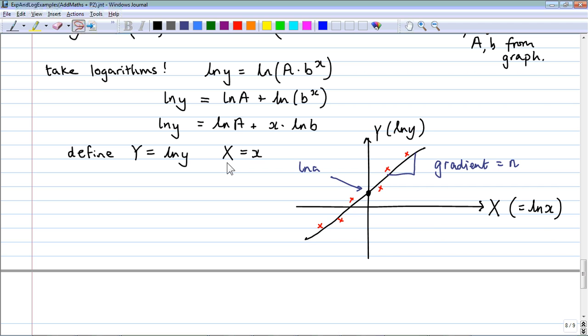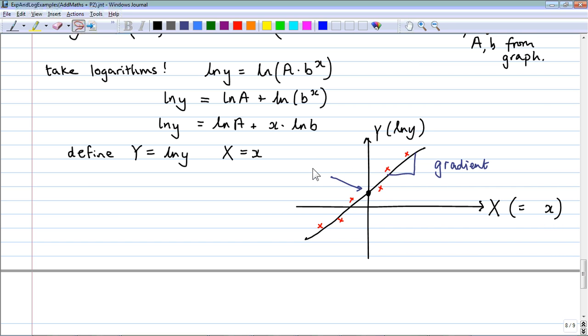What are the changes? Well, first of all, the x variable is no longer ln x, it's just x. That's an important difference in this case. The y variable is still ln y. But now what about the gradient and the intercept?